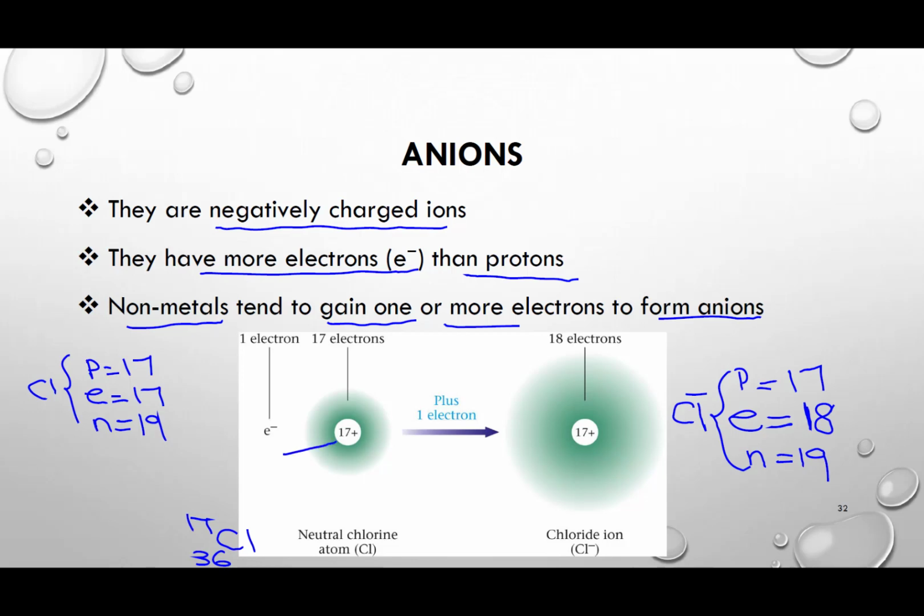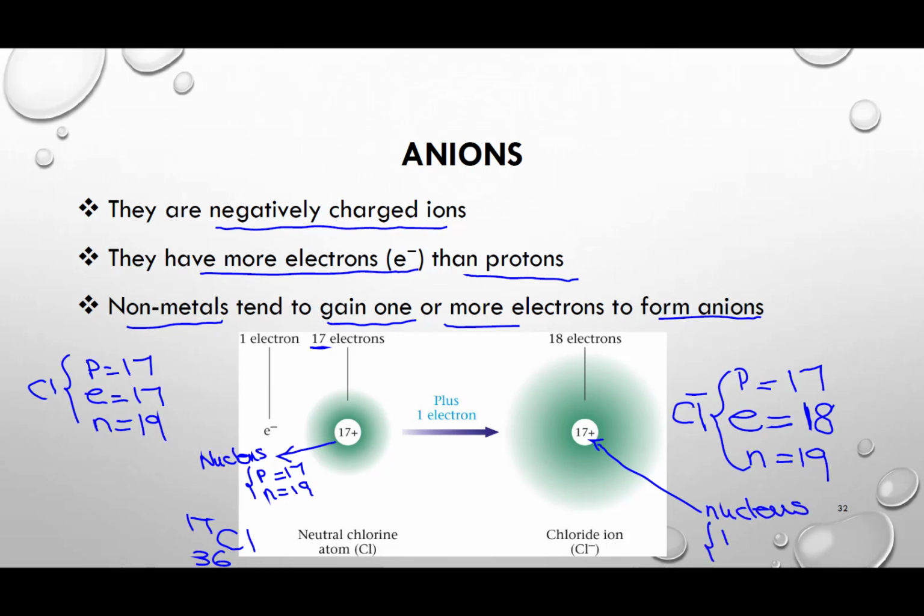Then inside the nucleus, that's where the protons and neutrons are. You have your protons, which is 17, neutrons, which is 19. Okay, and right outside, that's where the electron clouds are. And that's where you have 17 electrons. This is for the neutral chlorine atom. Okay, now for chloride ion, again, this is the nucleus.